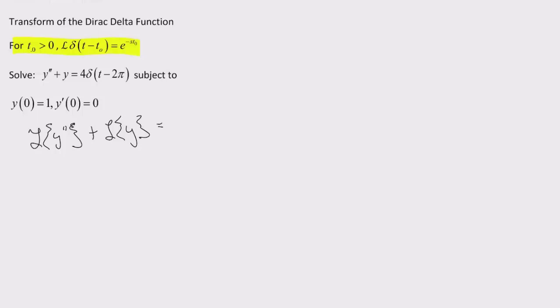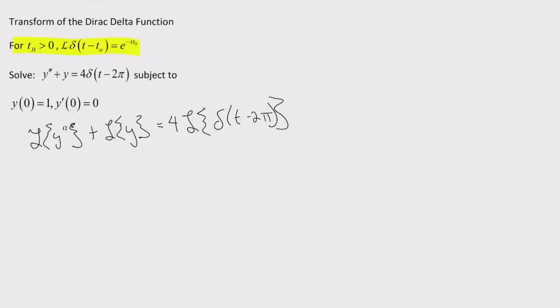Because of linearity properties, we can factor the 4 out. So I want to do the Laplace of the Dirac delta of t minus 2 pi. Okay, and then there are nice, lovely conversions for each of those terms.